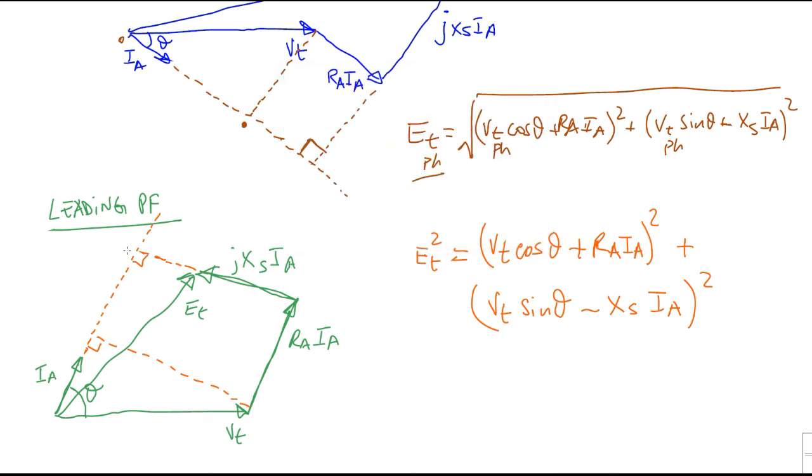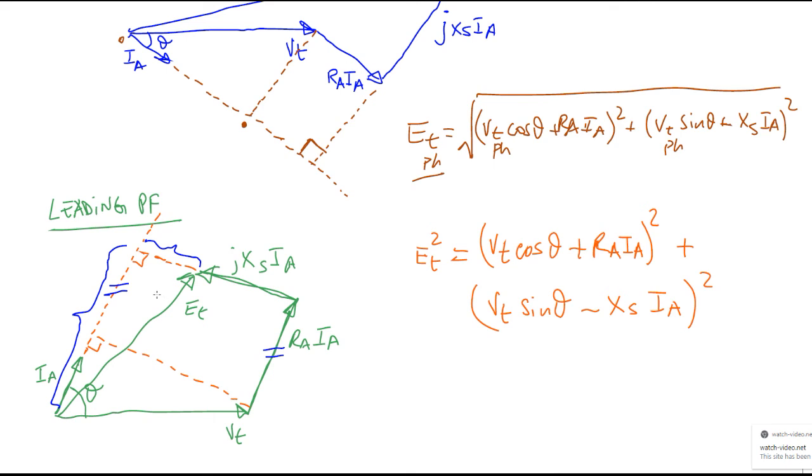So the objective is to find this part and this part here, with the right angle, so that ET squared equals this part squared plus this part squared. You can see it is VT cosine theta, this section, plus RA IA, which is this segment, equal to this segment here.